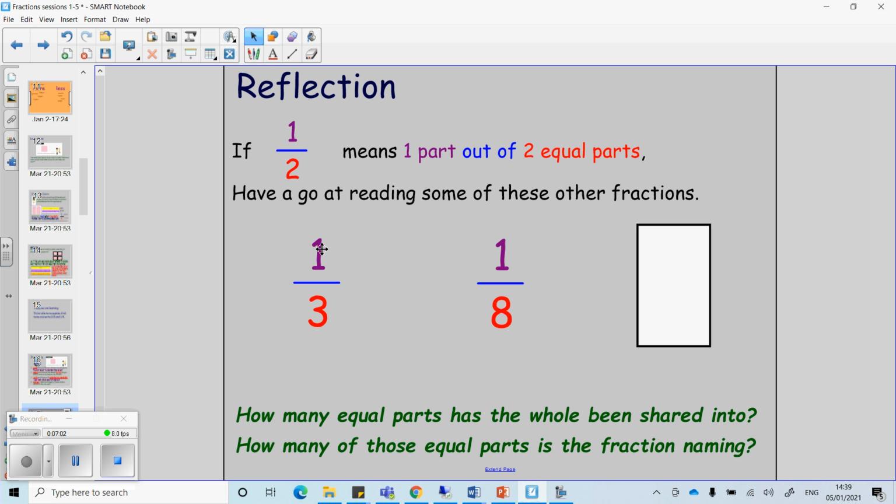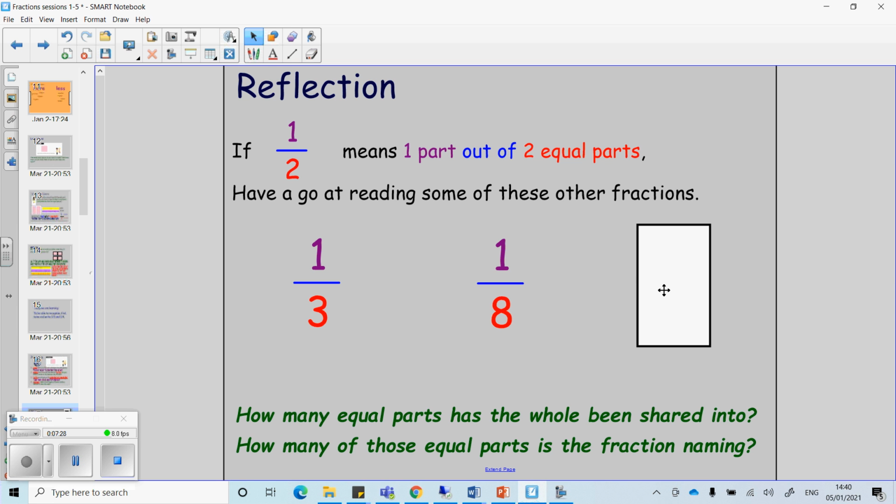Well, I'm going to say this one shows 1 part out of 3 equal parts. And this one shows 1 part out of 8 equal parts. I could call this 1/3, and I could call this one 1/8.